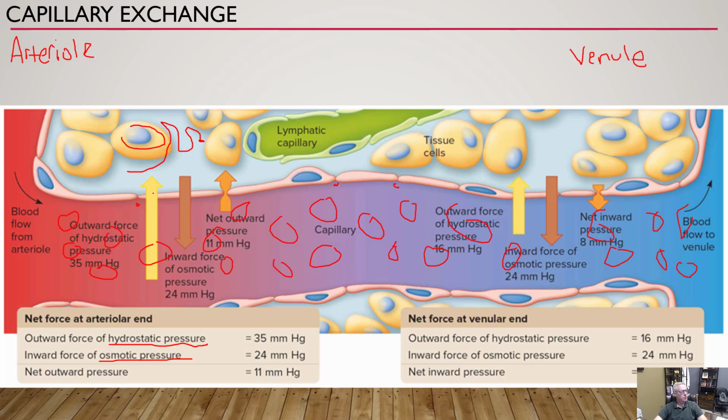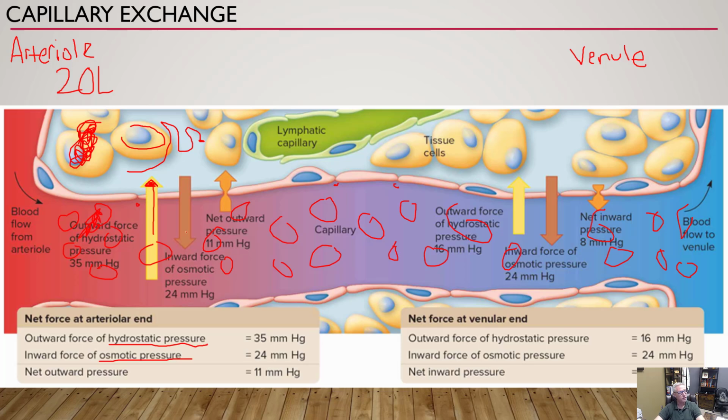This hydrostatic pressure is what pulls water out of the arterial end. The pressure on the inside is going to be greater than the pressure out here, so the hydrostatic pressure is going to be pushing water out. On the arterial end, that is about 20 liters per day.